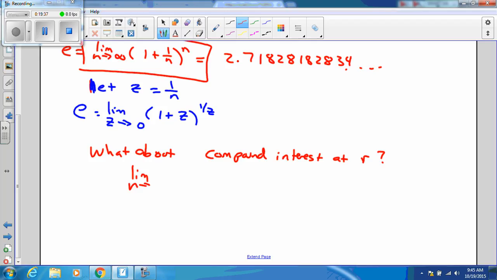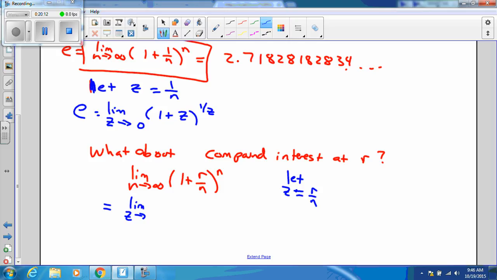So we take the limit now as n goes to infinity of 1 plus r over n to the n power. And at first it looks like this is going to be impossible because we have that r buried. But we're going to be very clever and we're going to pull off a substitution. We're going to let z equal r over n, this quantity exactly right here. And so if we let z equal r over n, then our limit transforms into the limit as z goes to what?